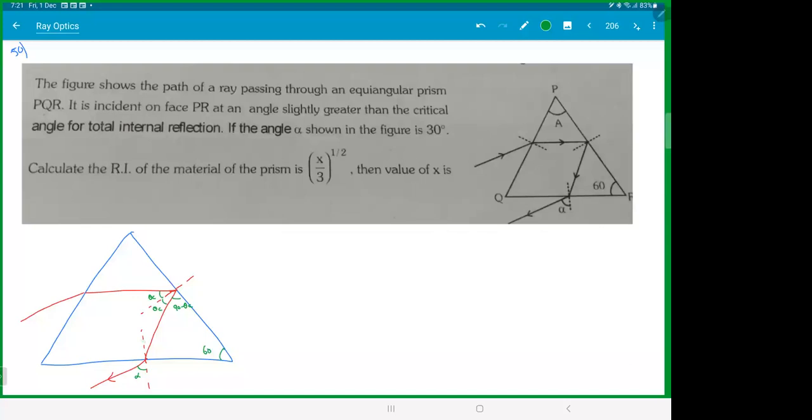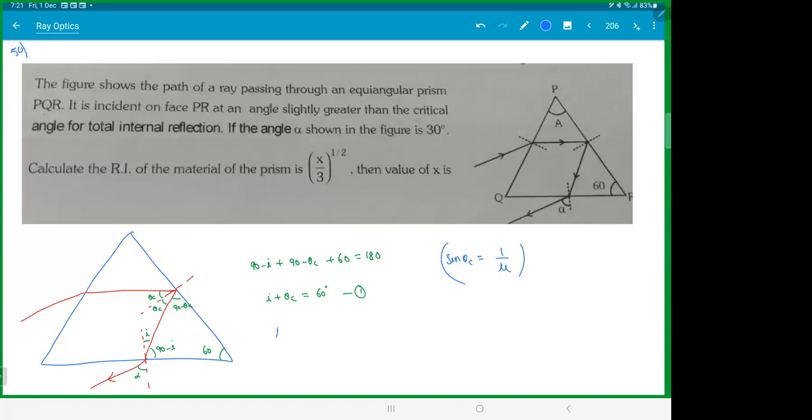This is the first equation: sin theta critical is 1 by mu. This is the second, just the data point there.